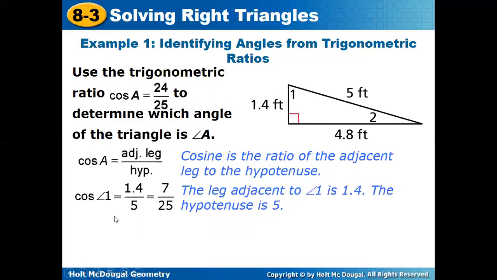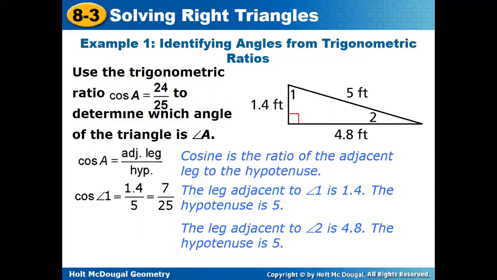Let's check angle number 2. The leg adjacent to angle number 2 is 4.8 and the hypotenuse is 5.